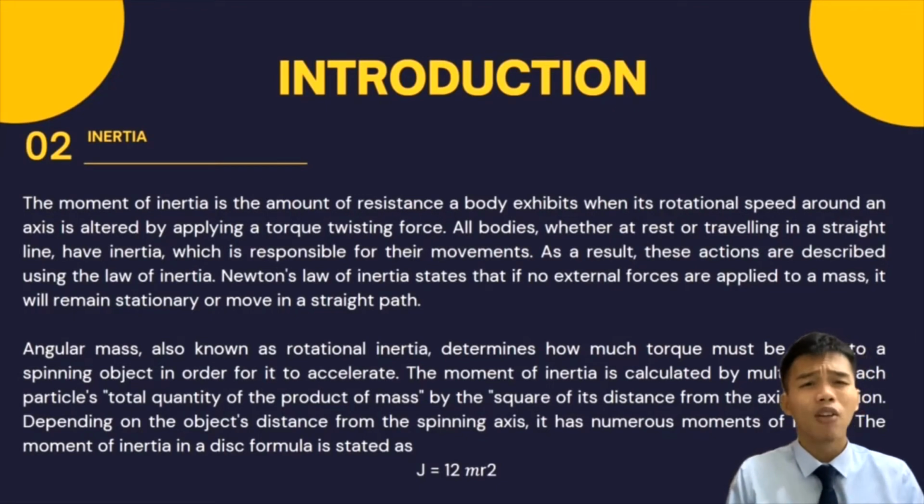This depends on the object's distance from the spinning axis, so it has numerous moments of inertia. The moment of inertia formula is as stated below: J equals 1/2 mr squared.